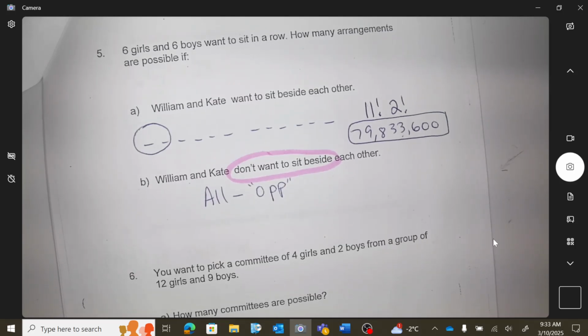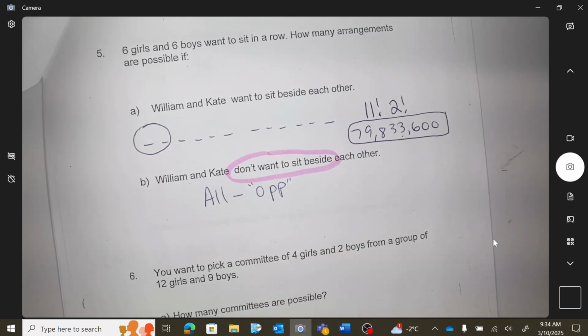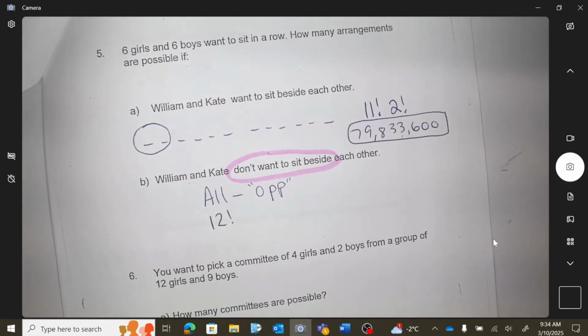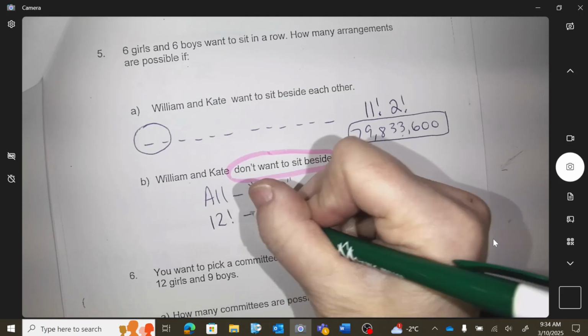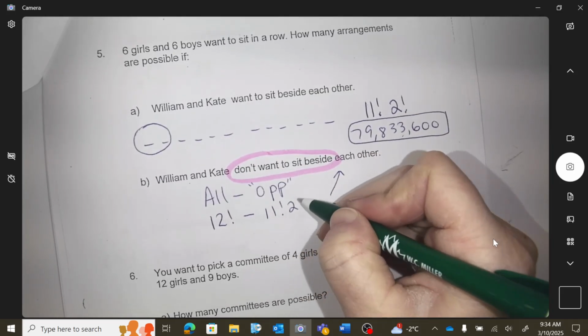Does that make sense? If you forget this strategy, I would say you're kind of just hooped. You can't really figure this out by just playing around with numbers. Okay, so all scenario would just be the whole 12 factorial movements minus the opposite. We just did that, right?